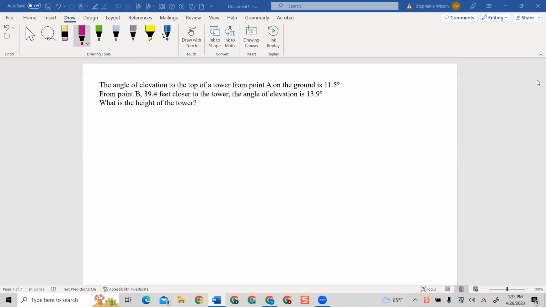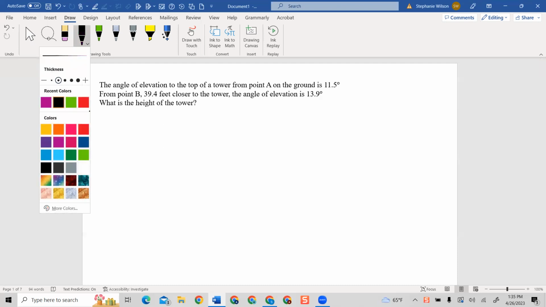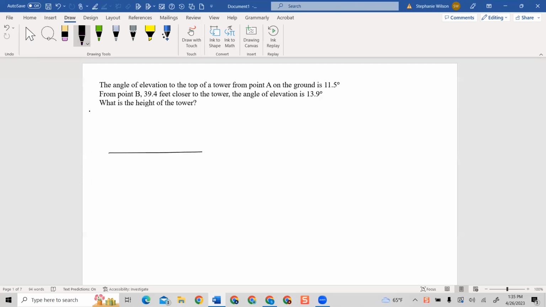So first things first, we need to draw this out. If I was to draw out my triangle, my pitch was not very great, but my line was straight. Be a little patient with me.